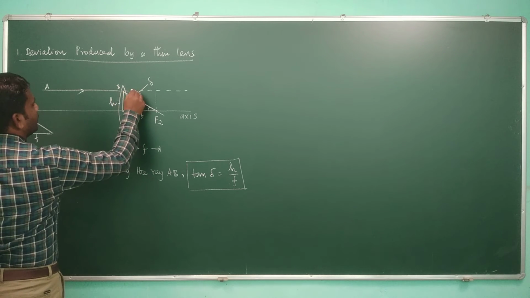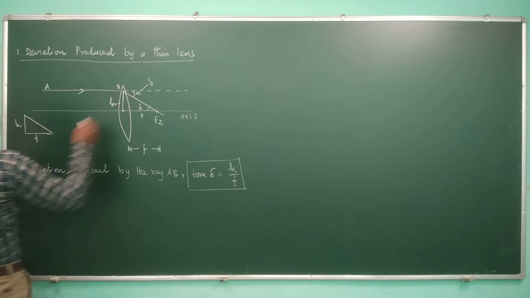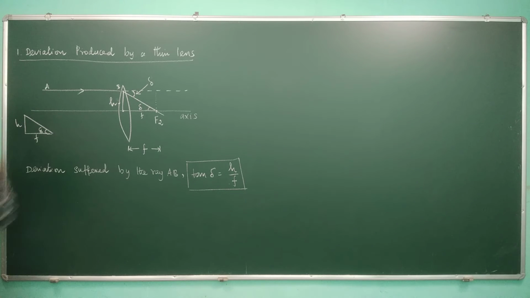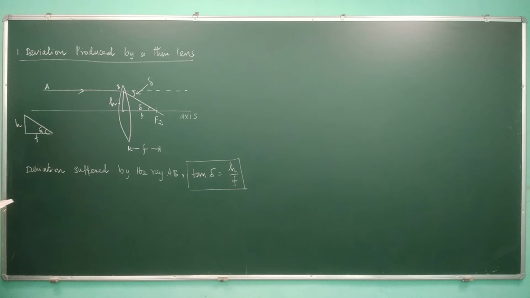What we need to calculate is this delta. We said this delta and this delta are the same, so here this is delta. If you are able to calculate this delta, then you can write a similar expression for the other delta.